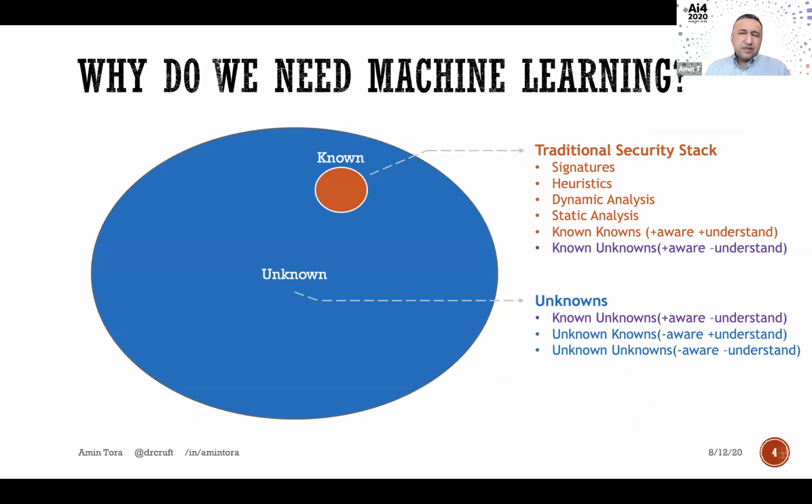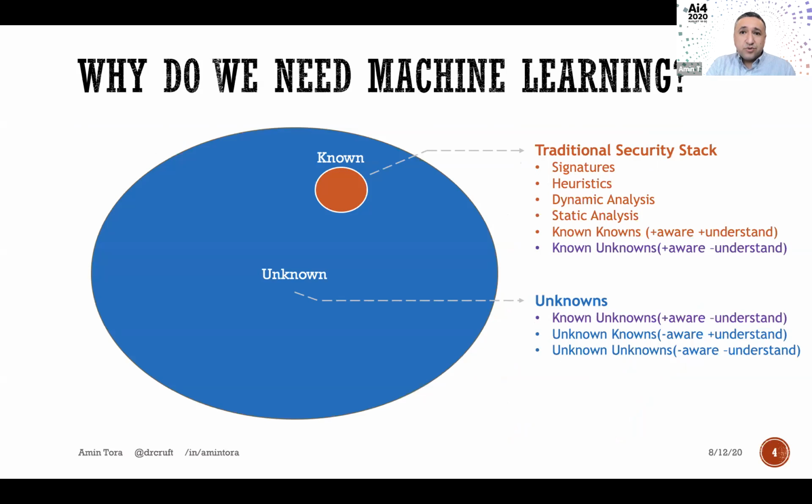Now, the question might be, why do we need machine learning in cybersecurity? The general approach has always been from the known knowledge set that we have as human beings. Traditional cybersecurity stacks utilize signatures. We have a lot of IOCs everywhere.